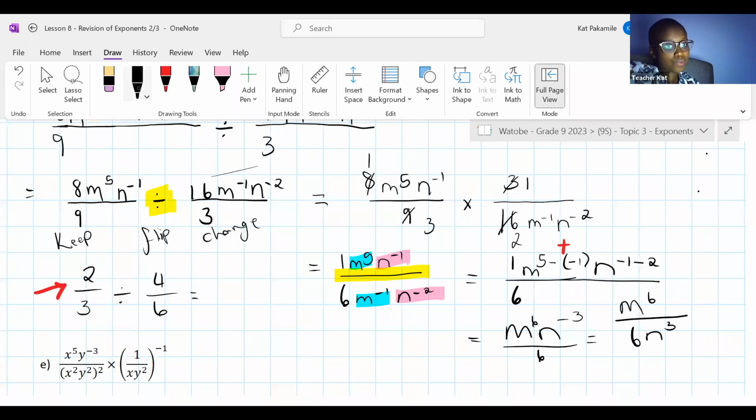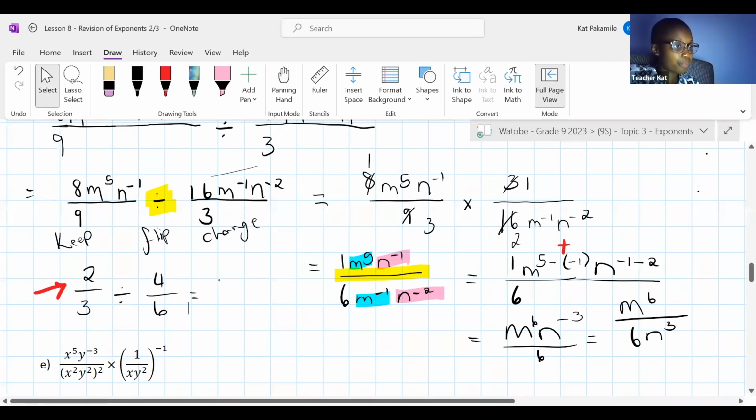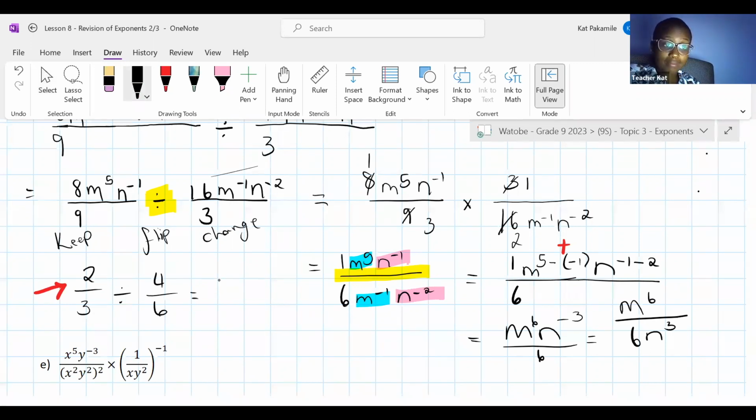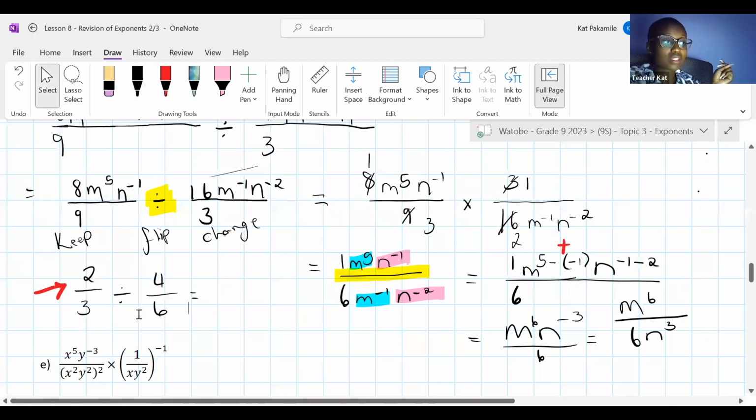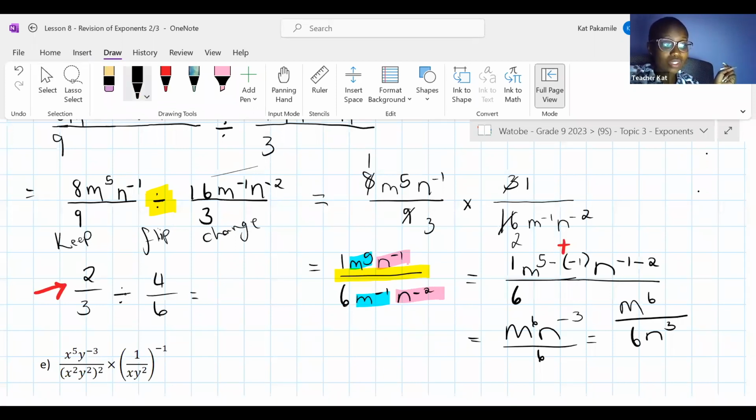Yeah, ma'am. I think I'll change the denominators. But remember, we're not adding or subtracting. See, you're mixing up your rules of fractions. You change your denominators if you are adding or subtracting. In this case, we are dividing. So what you would do in this case is keep the first fraction. That's where keep comes from.